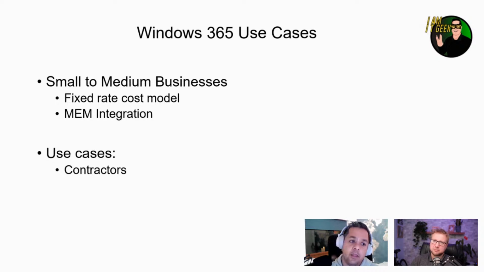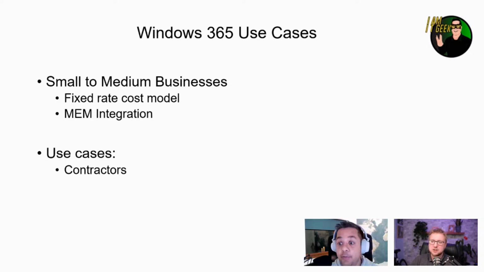Can you have multiple licenses per user? I don't believe so. I think you'd have to have a different user account, I believe. I'm not 100% sure, if I'm honest with you. Interesting question, actually. I've not really thought of that. I'm not sure how that would work.